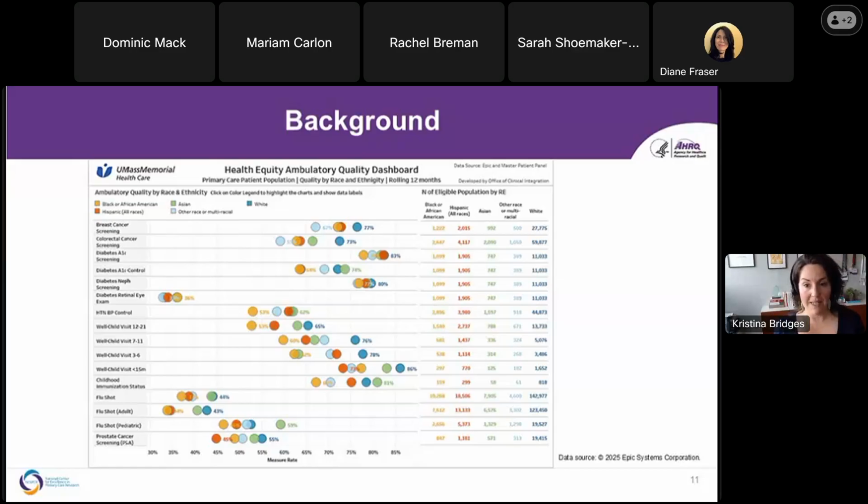So we are replicating this sort of visual dashboard design and expanding to look at differences in our existing quality outcomes by language, zip code, and health-related social needs. We will then share these dashboards with our community stakeholder group, prioritize the gaps that we want to focus on as we are working to improve outcomes for all patients. We'll design interventions and then use our stratified dashboard to measure our progress, which is key. Next slide.